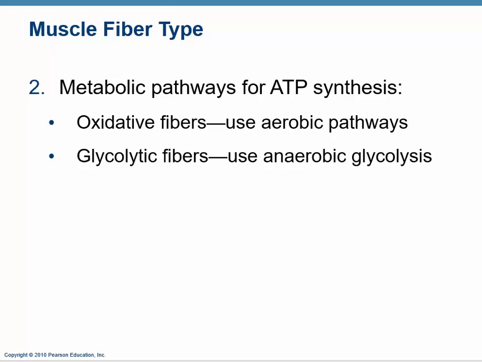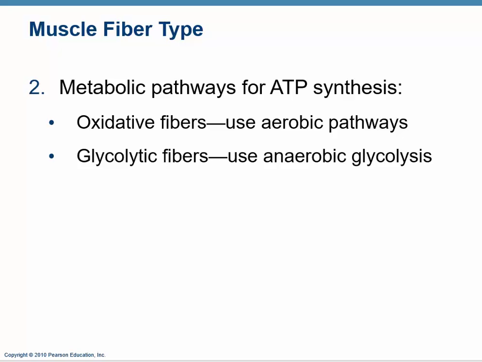The glycolytic fibers use anaerobic pathways, and therefore only make 2 ATPs. They don't have a lot of endurance, but they can generate ATP quickly. So we call them oxidative and glycolytic fibers.